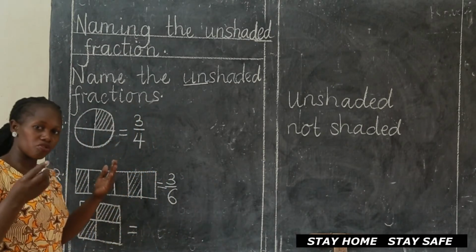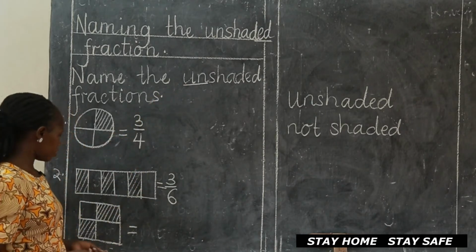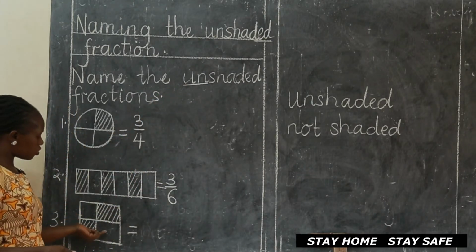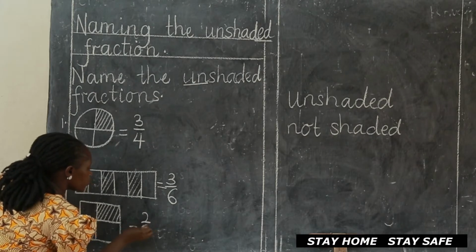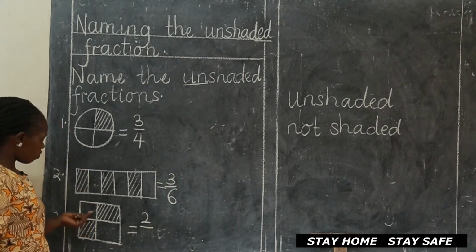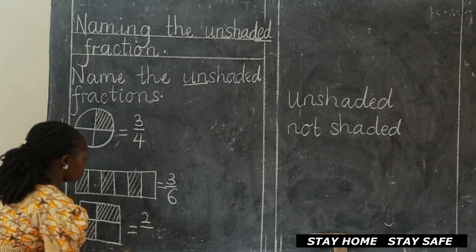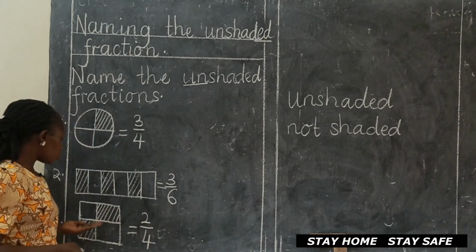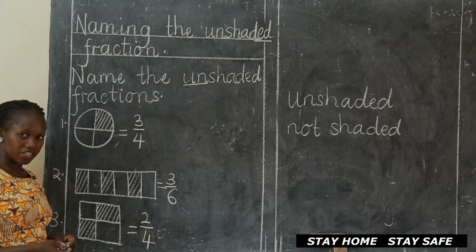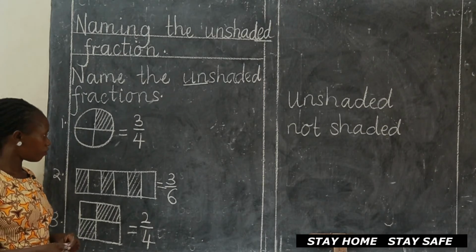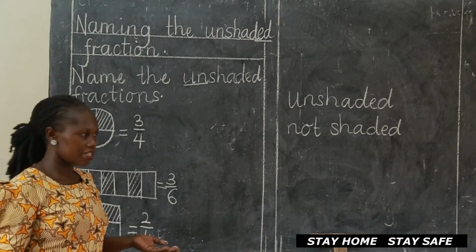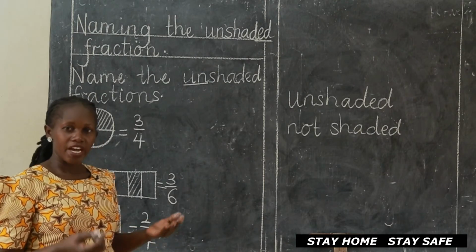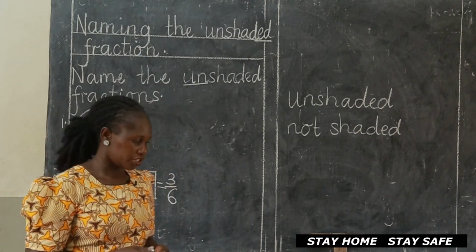The unshaded fraction. I have 1, 2. So there are 2 out of how many? 1, 2, 3, 4. I have 2/4 of the unshaded fraction. Okay? That's how simple mathematics is. That's how we can name the unshaded fraction.